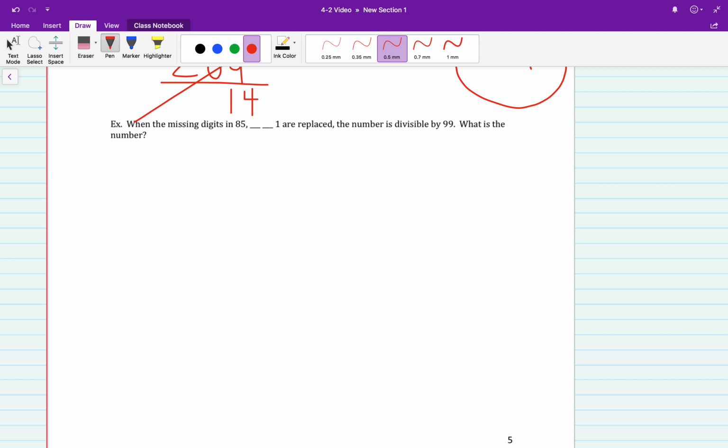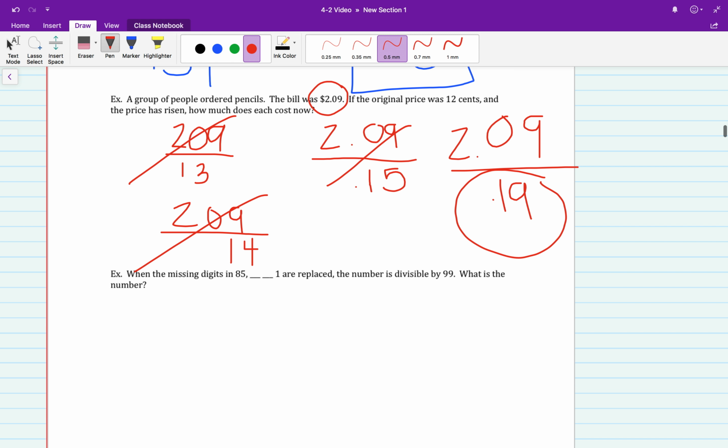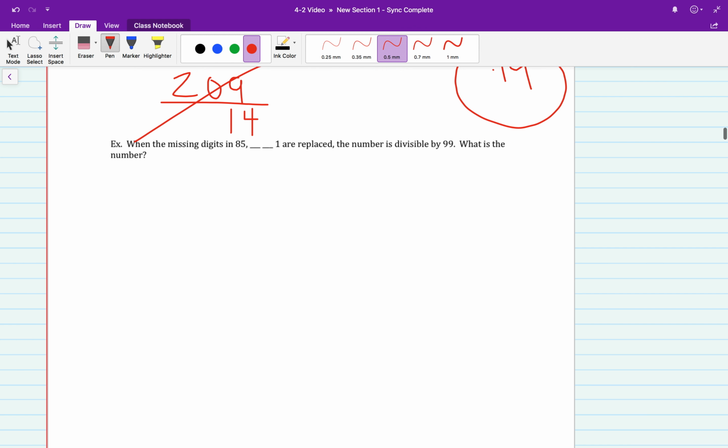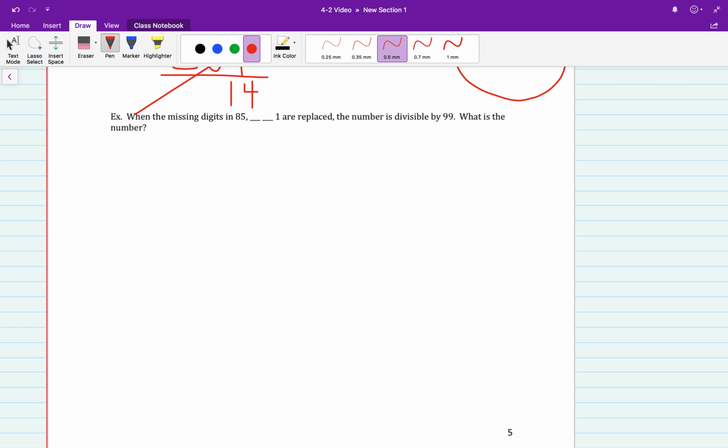Well, there are 100 different possibilities, and I don't want to just simply guess and check on every single one. Up here in this problem, I did just do guess and check. I started with 13, and I hoped that it wouldn't take a long time. This one, I don't want to do that because there are a lot of different possibilities, 10 for each of these. 10 times 10 is 100, so I don't want to test 100 things. So instead, I'm going to use this idea of divisible by 99.